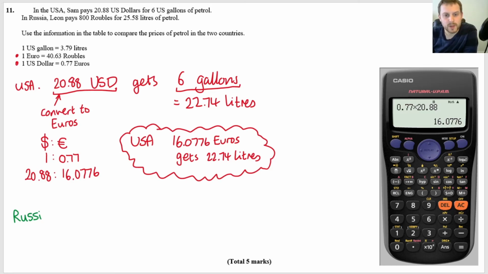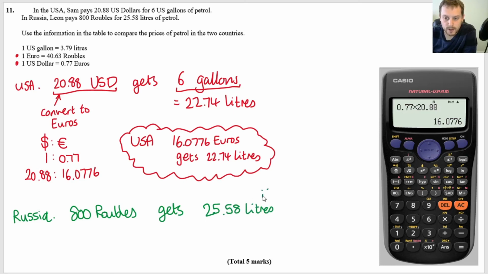What we're going to do is write the information out, and convert the 800 rubles into euros. And then what I'll have is Russia, and it will be however many euros gets however many litres. So it's back, it's working. So Russia, we have 800 rubles, and that gets you 25.58 litres.